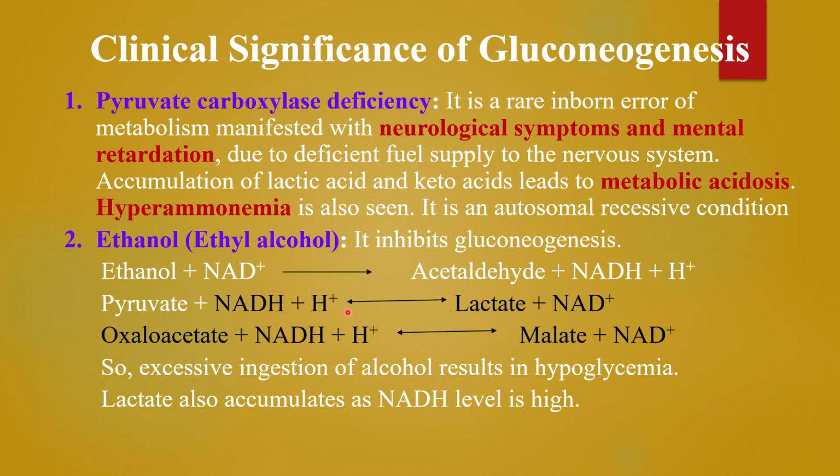Oxaloacetate in the presence of NADH is diverted to the synthesis of malate. So excessive ingestion of alcohol results in hypoglycemia, and lactate also accumulates as the NADH level is high, because most of it is diverted to the synthesis of lactate.